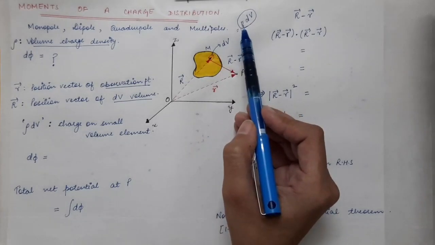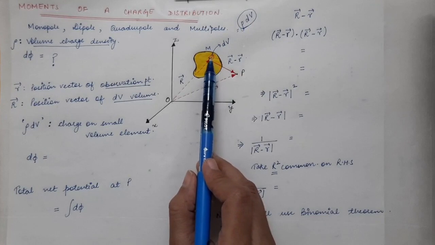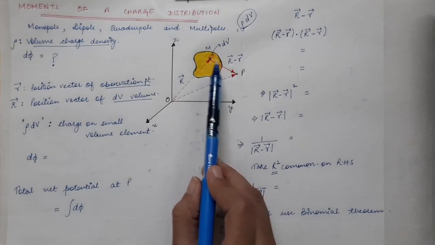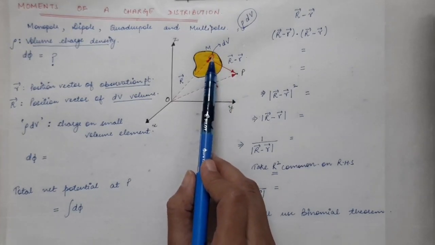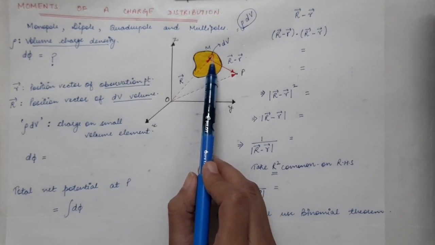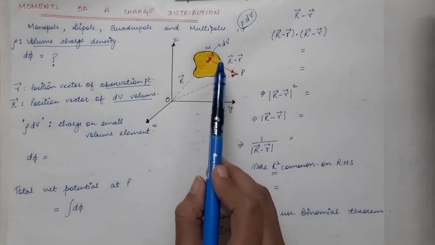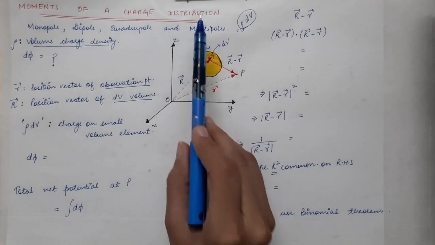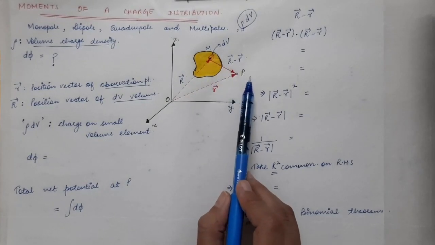First of all we are going to find the potential due to the charge present in this small volume element at point P, and then we will integrate over the whole volume of the charge distribution. That will give us the total potential at point P.